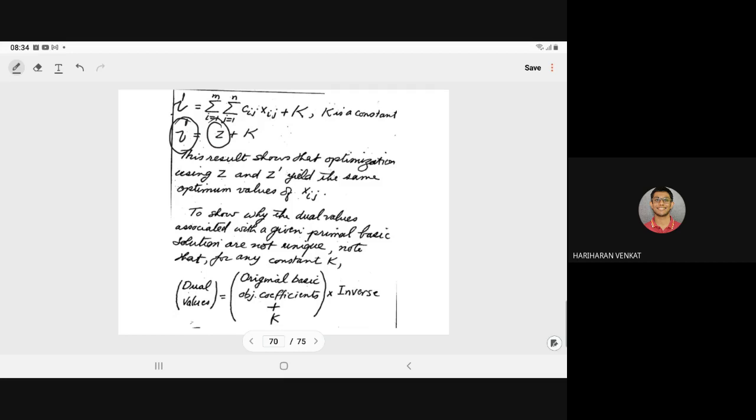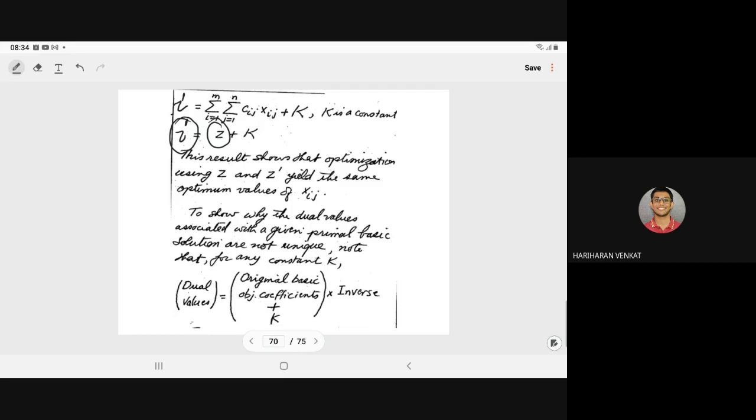So this result shows that optimization using z or z dash yields the same optimal value of xij. Either you take z dash with cij plus k, or z with cij, you will get the same optimal value of xij.